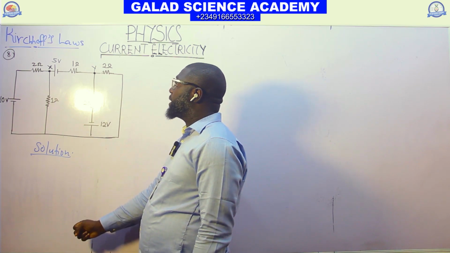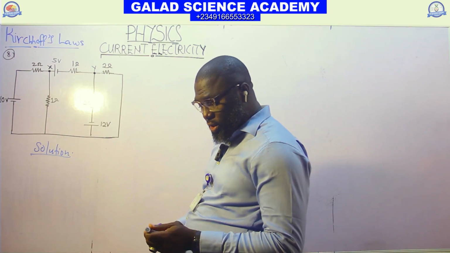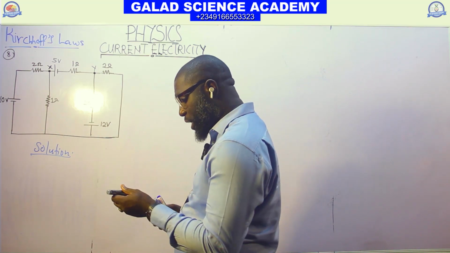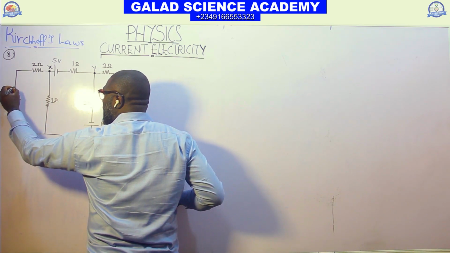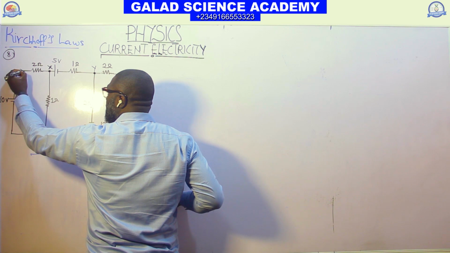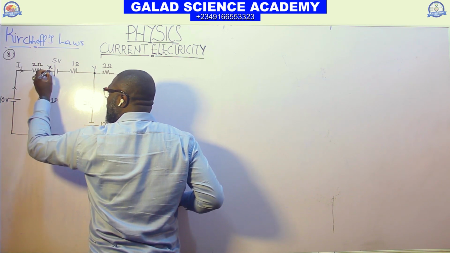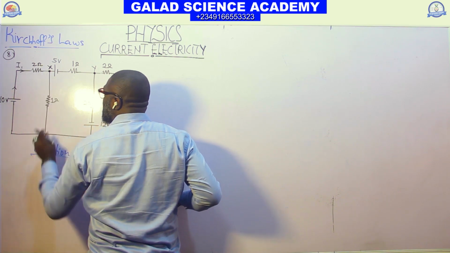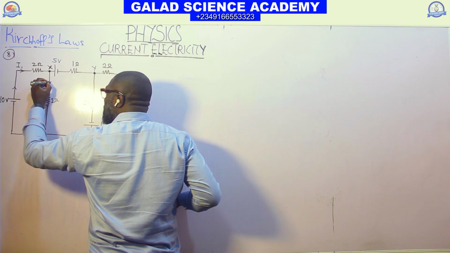So we have how many EMFs? 5 and 10. The first thing that I will do is locate the direction of my current. So this is the current I1. Getting to this junction, the current splits.